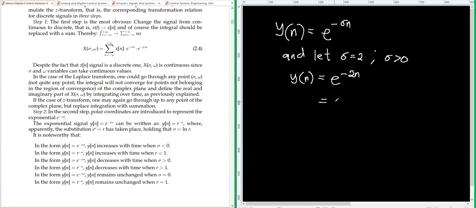So we have e to the negative 2 raised to the power of n. So what is e to the negative 2? Where's my calculator? So shift e to the negative 2. So that is 0.135 to the n.